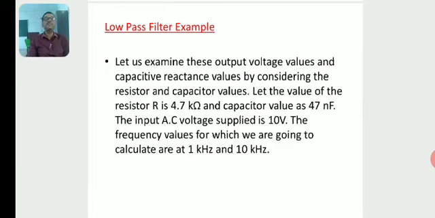Let the value of the resistor R be 4.7 kilo ohm and the capacitor value be 47 nanofarad. The input AC voltage applied is 10 volts. The frequency values for which we are going to calculate are 1 kilohertz and 10 kilohertz.